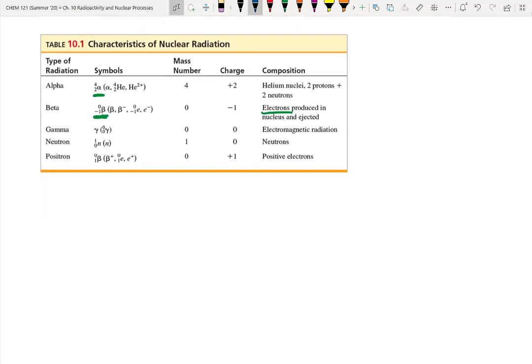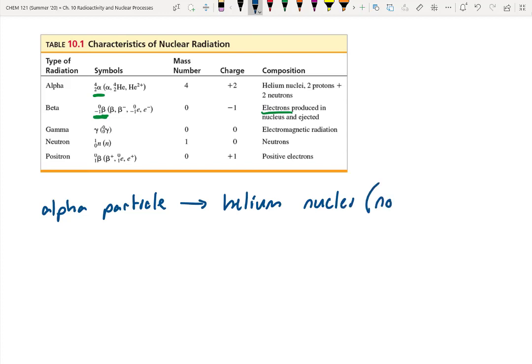just quickly reiterate the main types, right? So an alpha particle is a helium nuclei. All right, but it has no electrons. All right, a beta particle is just an electron.